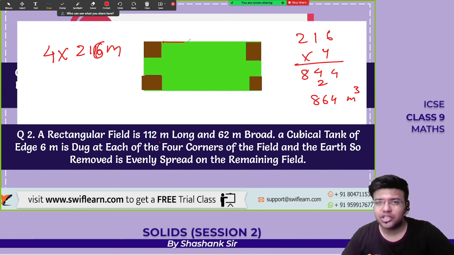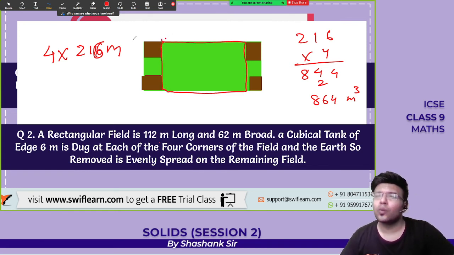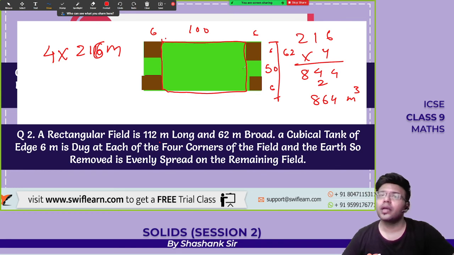So this area, 112 meter long, 112 minus 6, this is 100. This is 62, 62 minus 6 is 50. So this area is 100 into 62, which is 6200.